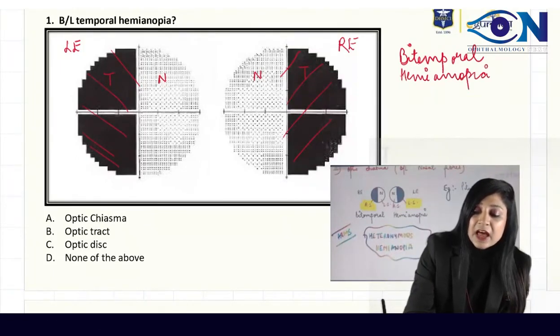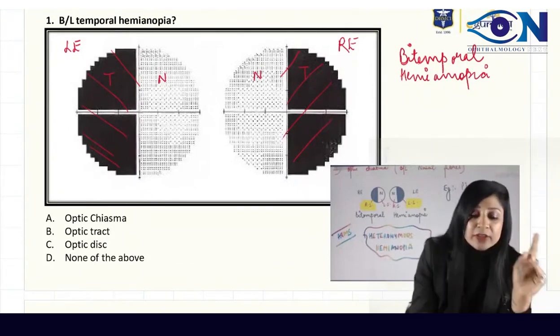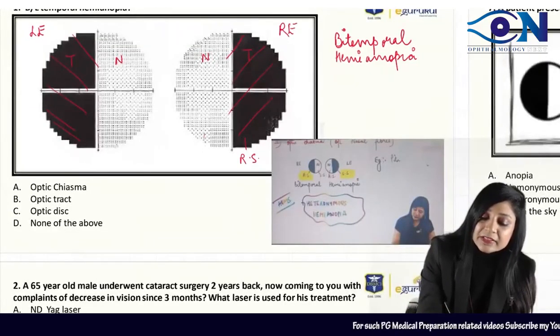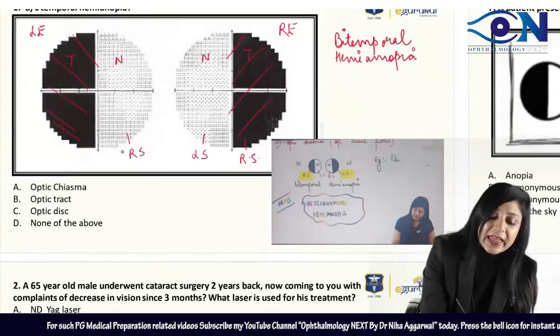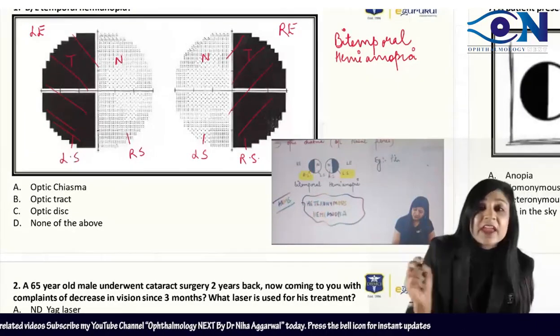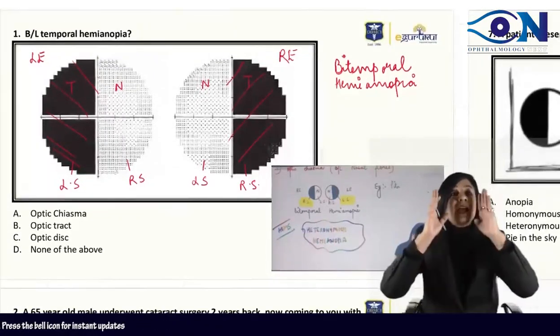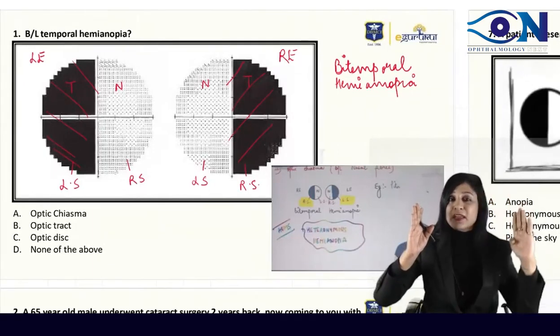Okay. Now, if I am saying that it is bitemporal, now look at the sides, guys. This is the right side, then this is the left side, then this is the right side and this is the left side. ठीक है? So which side of both the eyes are getting affected? ये देखो, bitemporal, मतलब temporal of the right eye and temporal of the left eye.